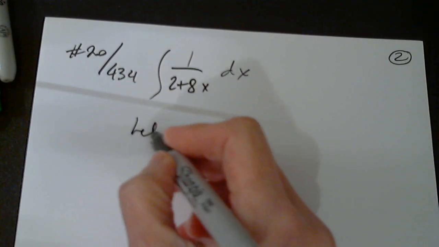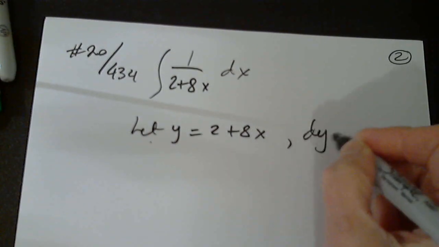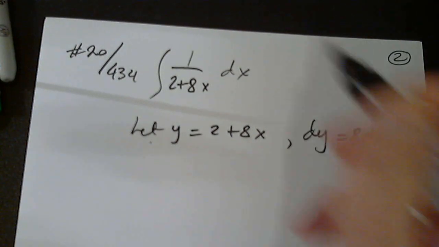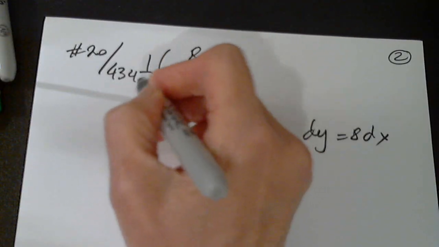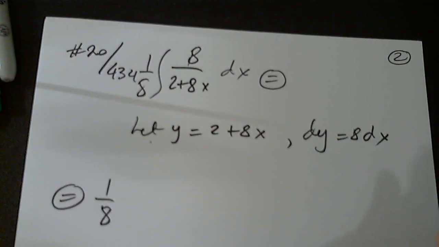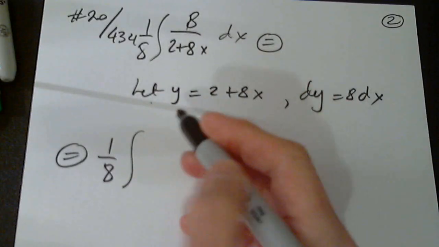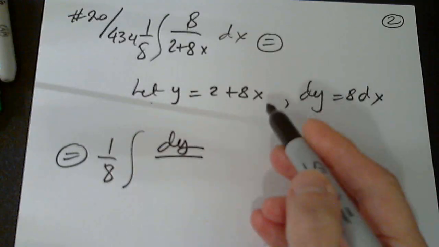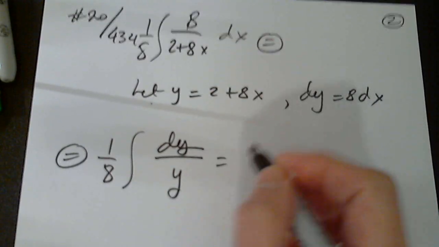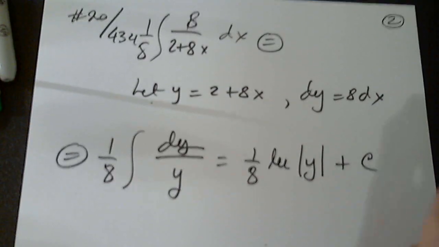So I'm going to say let y be 2 plus 8x and dy equals 8 dx. So I need to multiply by 8 and divide by 8. So there is 1 over 8 in front. There is the indefinite integral of 8 dx, which is now dy, and the denominator is y. So this is 1 over 8, natural log of the absolute value of y plus a constant c.